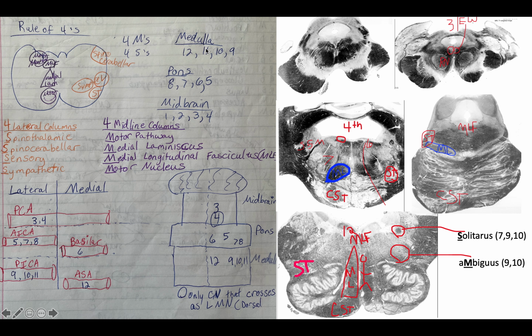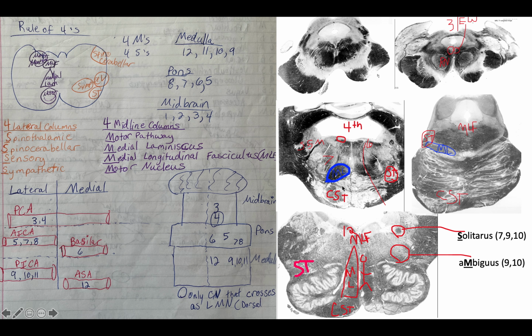Since 11's the accessory nerve, which you would expect to be derived from the cervical spinal cord, I should not see it here on the histological views. But that is just a breakdown of the rule of 4 and a way to keep your head straight on what to expect whenever it comes to exams, because honestly, when it comes to exams, you just want to try and find the most straightforward, easy thing.